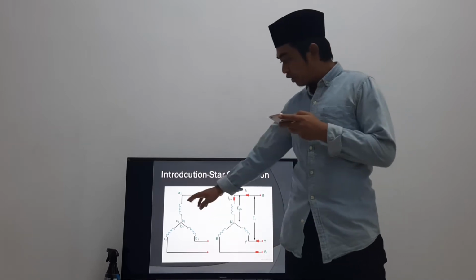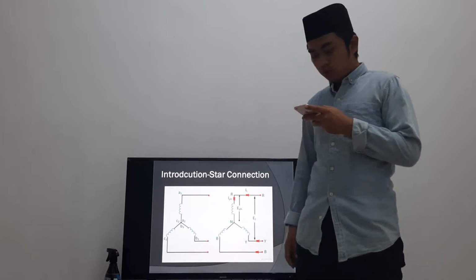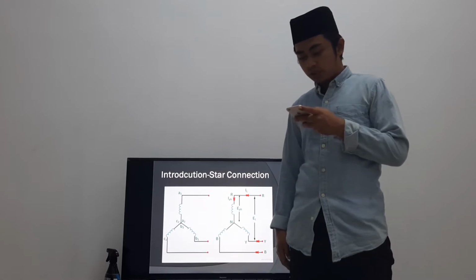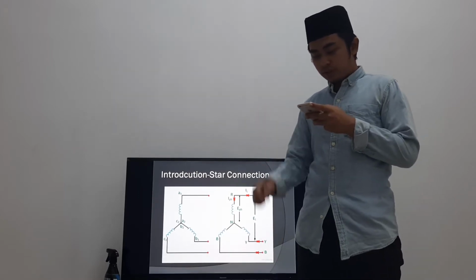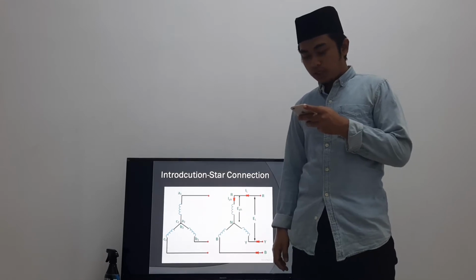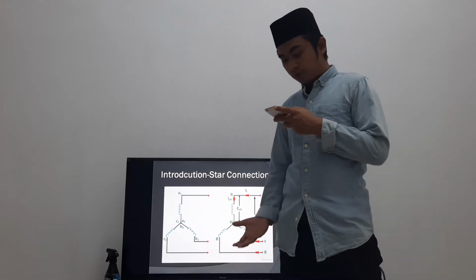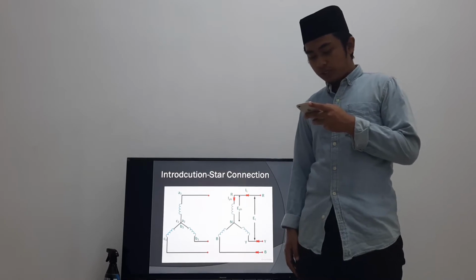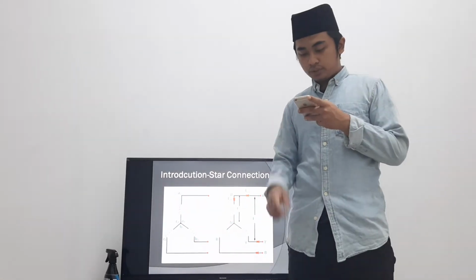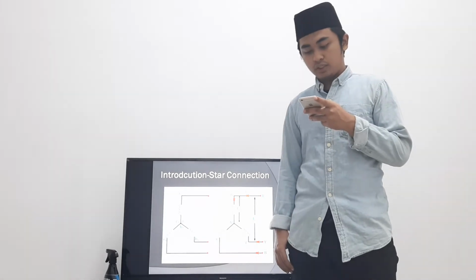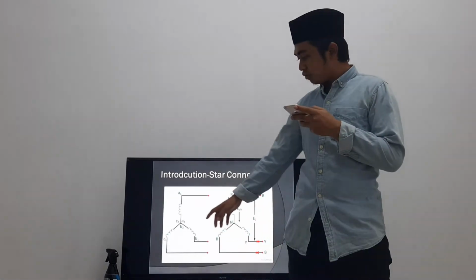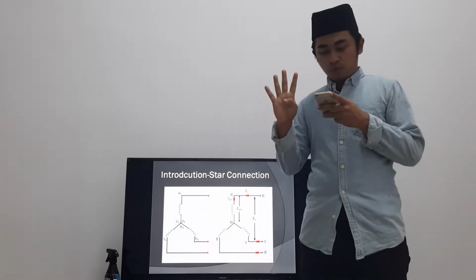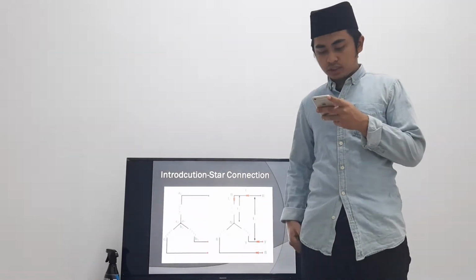The wires are carried to the external circuit, giving a three-wire star connected system. However, sometimes a fourth wire is carried from the star point to the external circuit, called the neutral wire, forming the three-phase, four-wire star connected system.